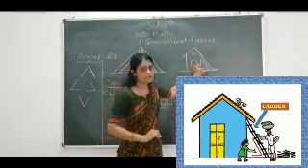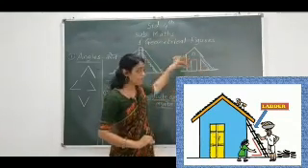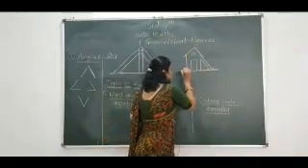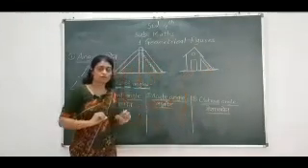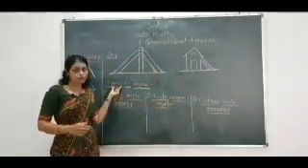The wall of the house makes an angle with the ground. So, here also is an angle. Did you understand? Okay.